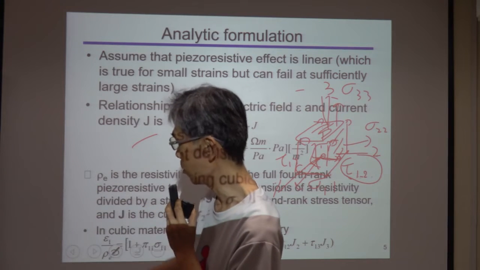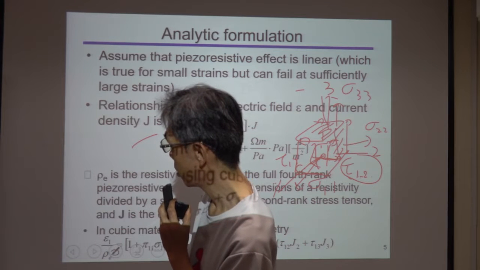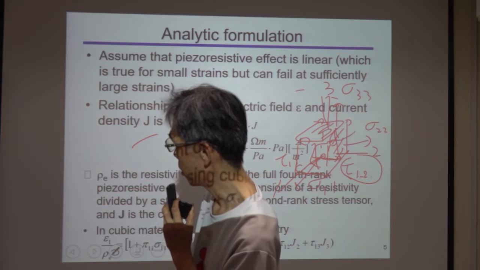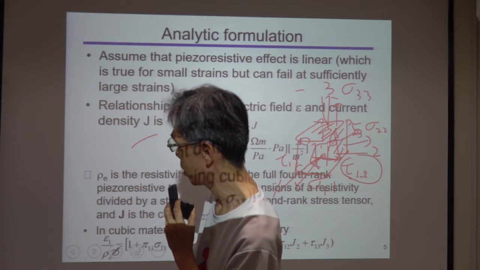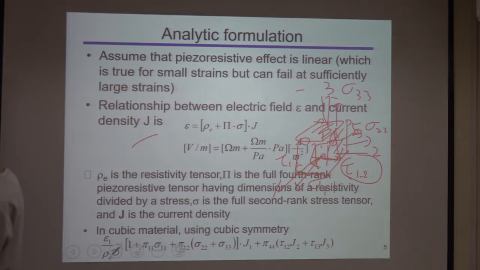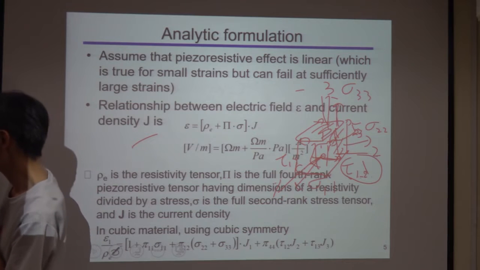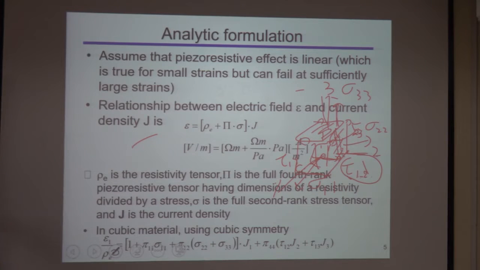TA, can you draw tau 2, 3? Do you know why tau 2, 3 should be here other than here? What's the difference? Why should tau 2, 3 be on this surface other than here?